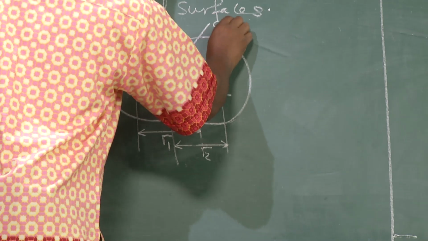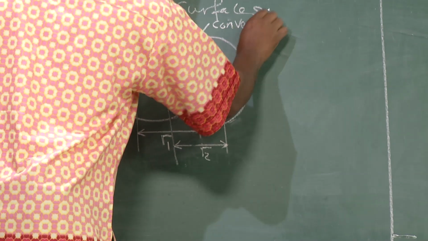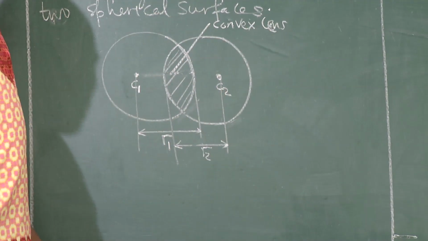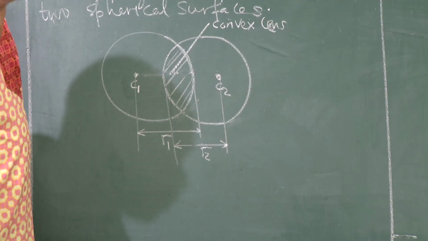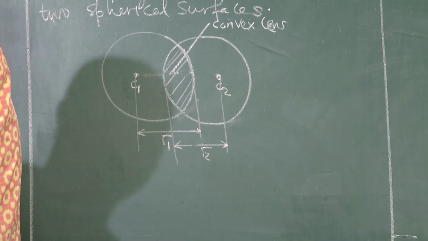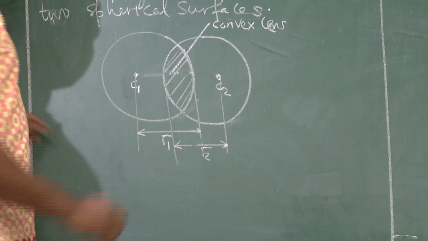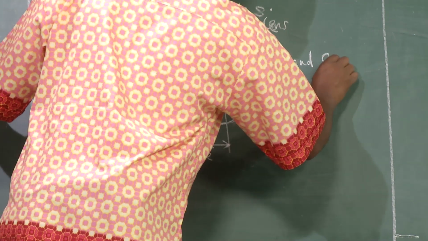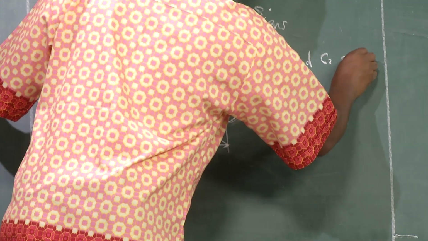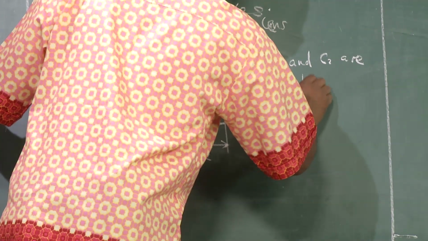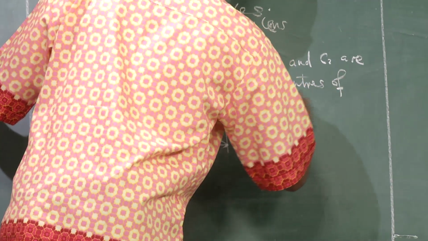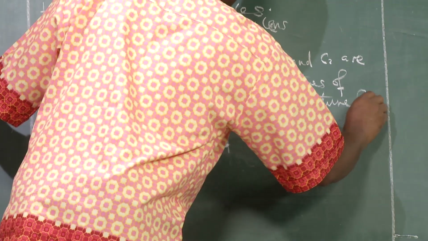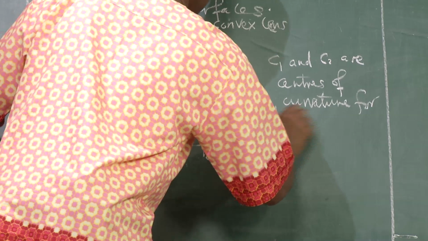We shall shortly look at this type of lens as the convex lens. Definitely C1 and C2 are centers of curvature for the two spherical surfaces.